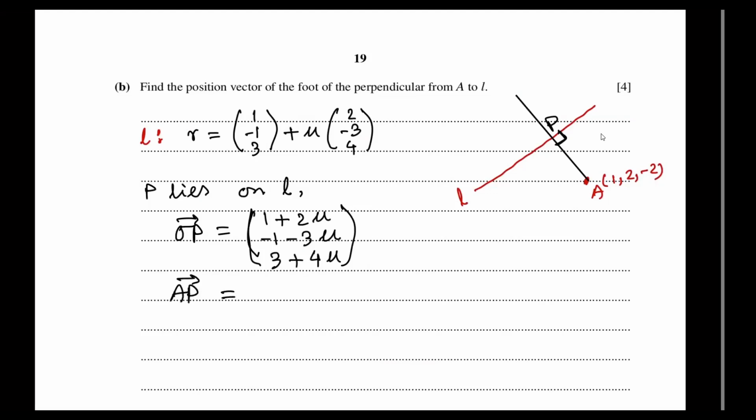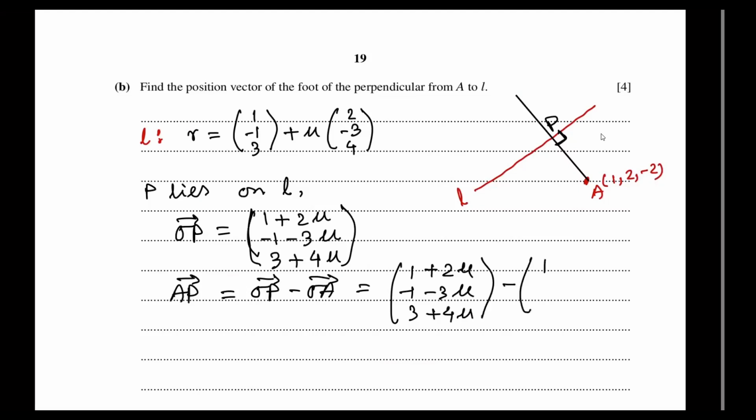AP is OP minus OA. So it is (1 plus 2 mu, minus 1 minus 3 mu, 3 plus 4 mu) minus (1, 2, minus 2). It becomes (2 mu, minus 3 minus 3 mu, 5 plus 4 mu).